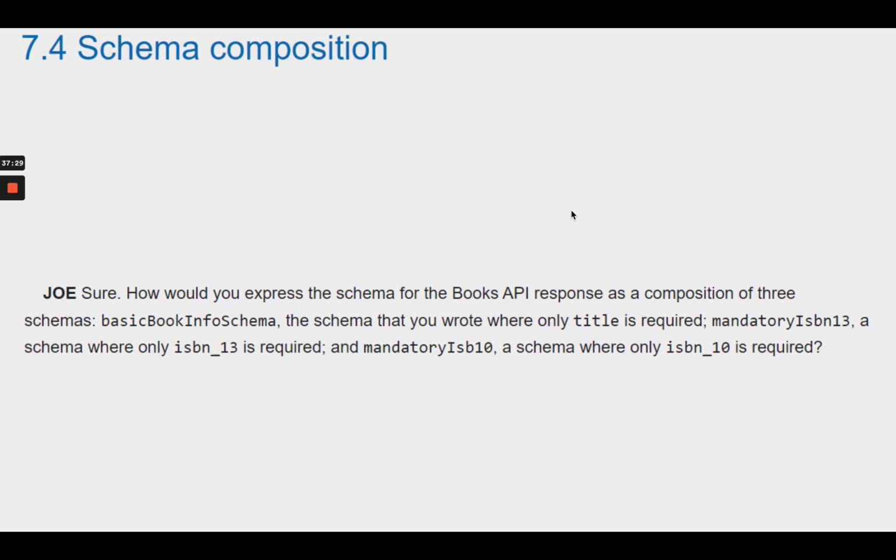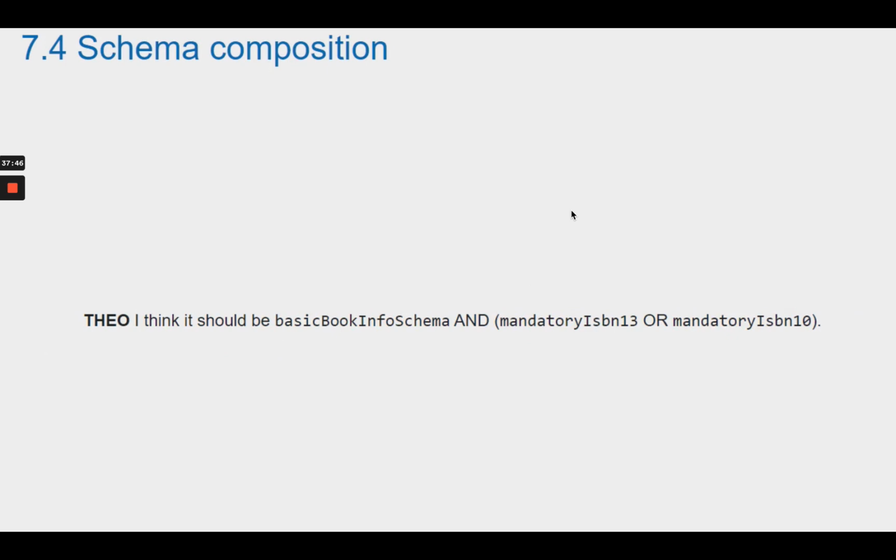Basic book info schema, the schema that you wrote where only title is required; mandatory ISBN_13, a schema where only ISBN_13 is required; and mandatory ISBN_10, a schema where only ISBN_10 is required. Theo: I think it should be basic book info schema and mandatory ISBN_13 or mandatory ISBN_10 in parentheses.